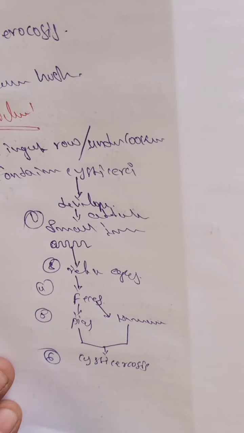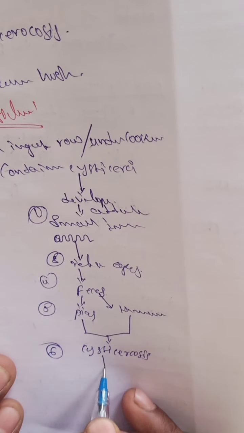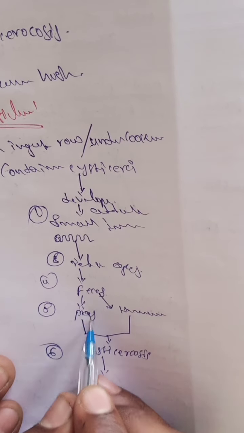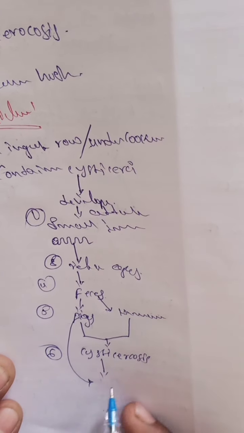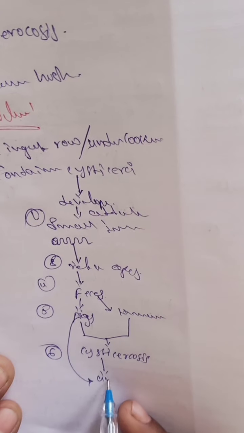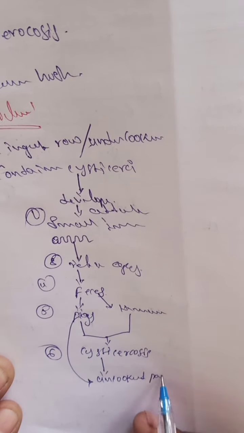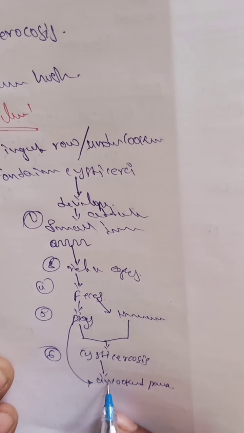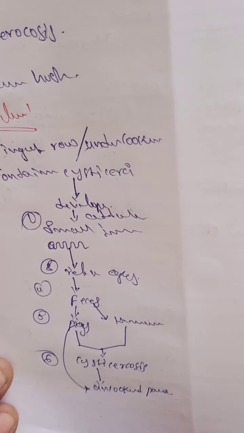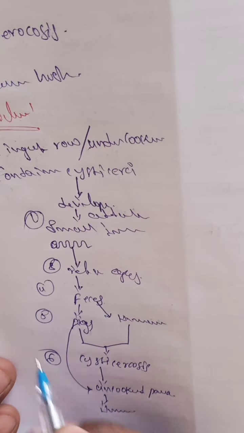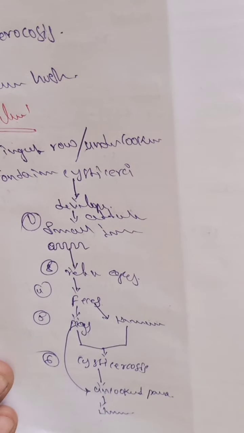After that, the cysticerci enter the pork. Uncooked or undercooked pork contaminated with Taenia solium enters the human body, and the same cycle occurs.